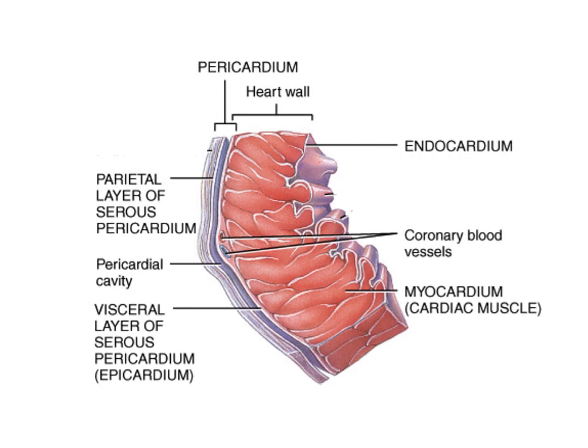The pericardium, here you can see, consists of the parietal layer and the visceral layer, and between the two layers there is the pericardial cavity. The visceral layer is called the epicardium, and we can also see the myocardium and endocardium. The three layers, endocardium, myocardium, and the visceral layer of the pericardium, are the three layers of the heart wall.